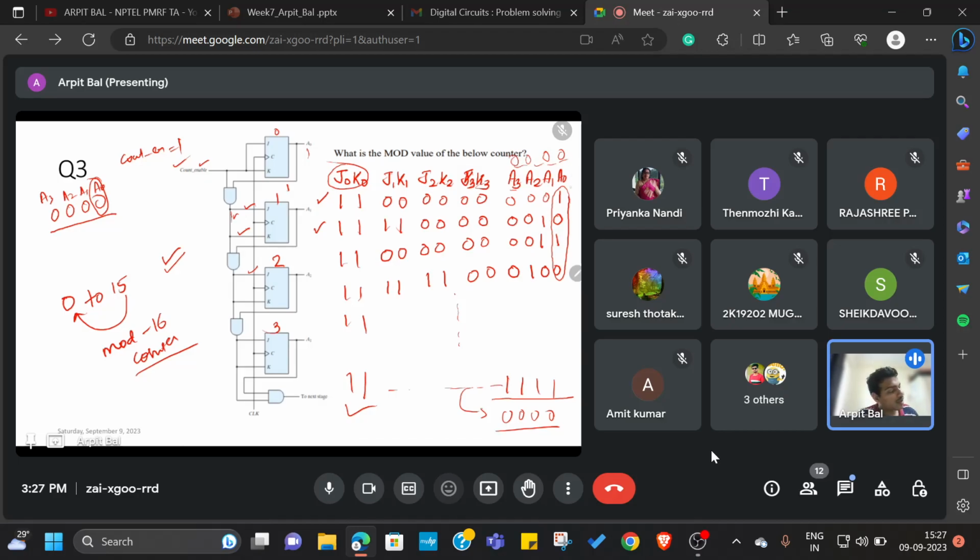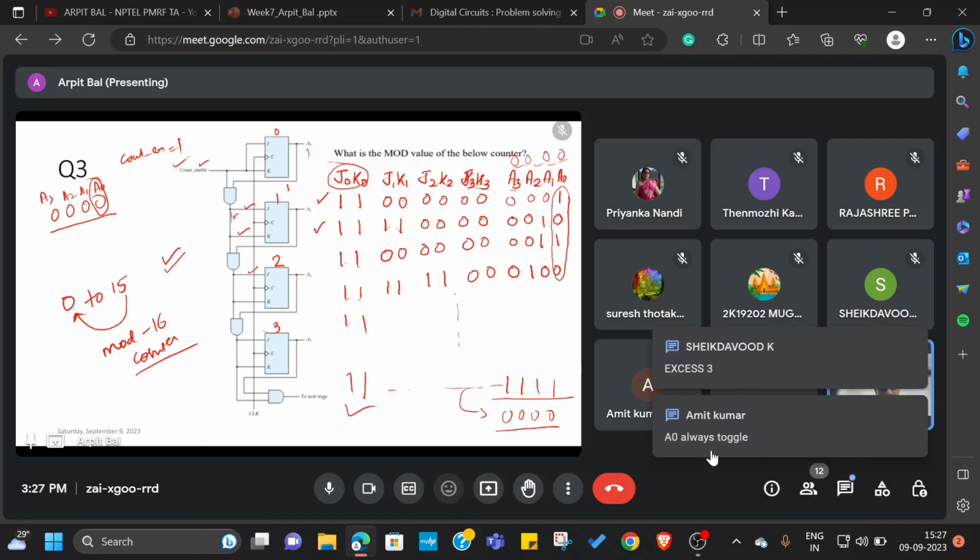Can anyone observe these patterns and comment on what is happening with respect to the clock? Any answer or any guesses? XS3? No, something simpler. A0 always... okay, that's a great observation. That's what I wanted you to observe.